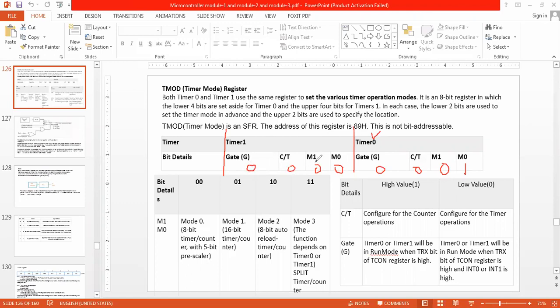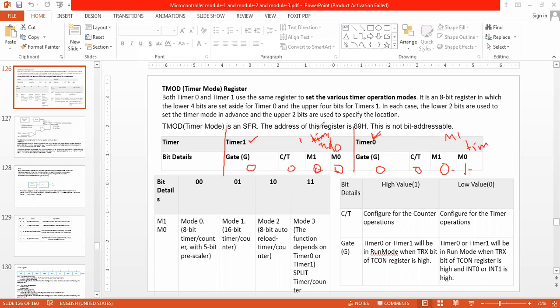You can say that timer 1 is 0, 0 and timer 0 is 0, 1. Then it means that I am working upon timer 1 also, mode 0, but timer 1. But what I am telling is we are using mode 1, but timer 0.